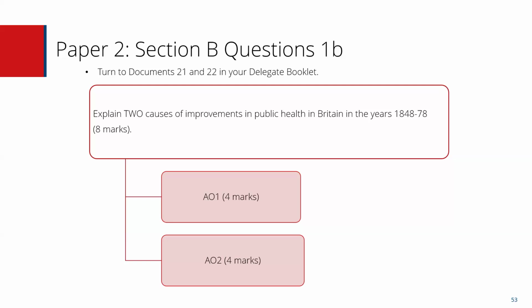But 2 causes of improvements in public health. If we look at the mark scheme, so again, it's about reading the question, highlighting that two. That's what the examiner will look for. Are there two? So if they're not, it's going to be stuck.